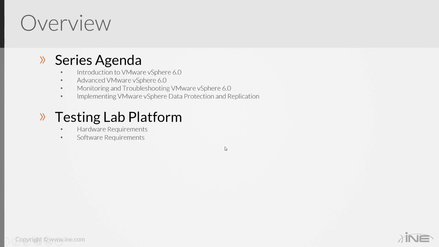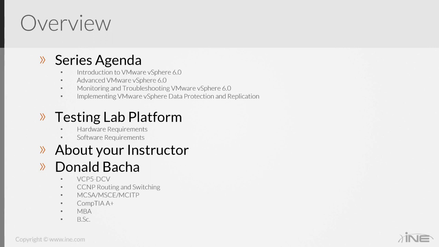Let me just talk a little bit about myself. As I mentioned, my name is Donald Batcher. I've been in the networking field for about 10 years. I've been working with Microsoft and VMware virtualization technology for about 9-10 years too. I have a bachelor's degree in management as well as a master's of business administration.